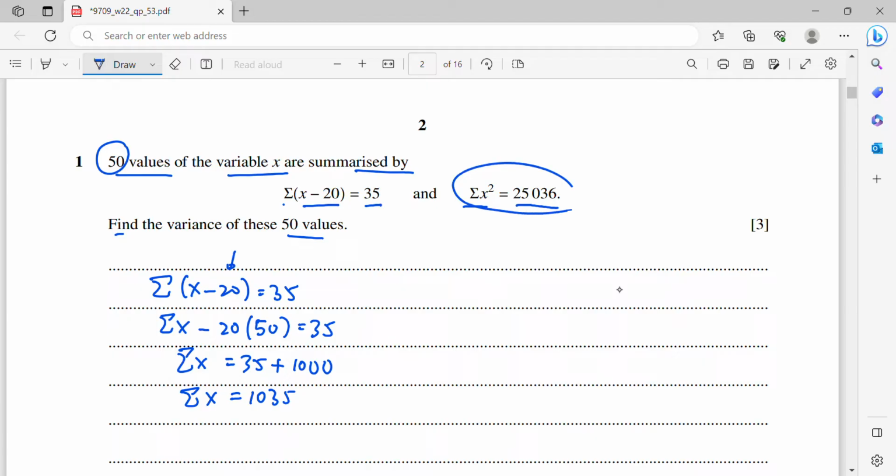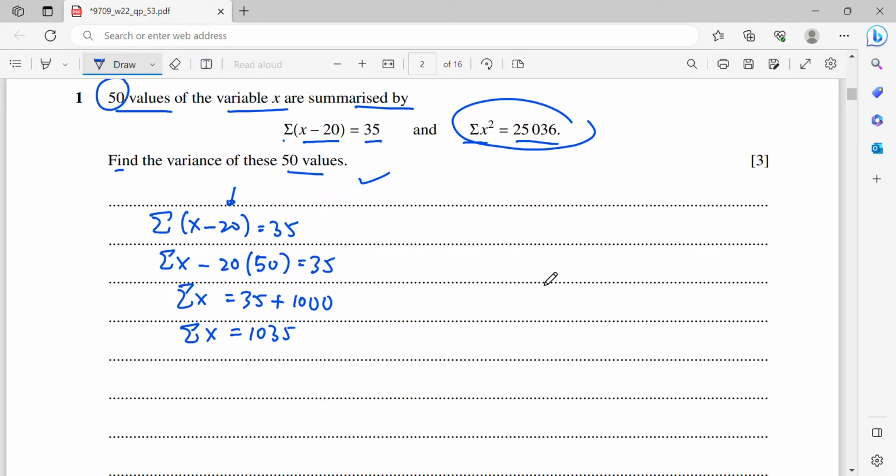And now you are given summation x squared. Therefore, we can calculate the variance of x. So now the variance of x equals summation x squared over n minus mean squared. The mean squared is basically the square of summation x over n. This is our mean squared.